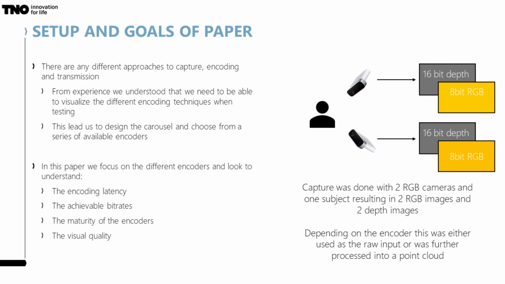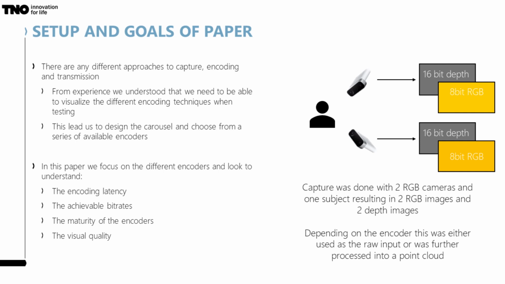So what we've done is made a capture setup and encoded the raw capture with multiple different encoders to see what the results are. So in this paper we really focus on the different encoders, the latency that they give, the bit rates, the maturity of the software itself, and of course the visual quality that we can then view when in a 3D environment.